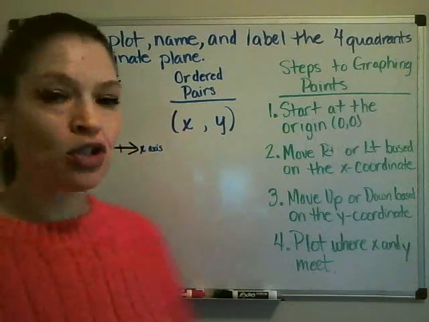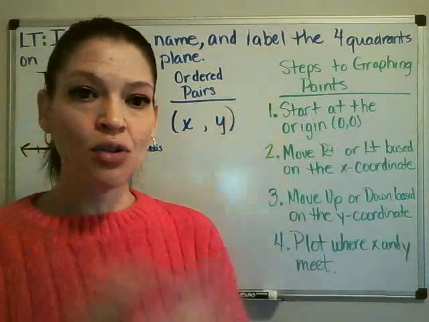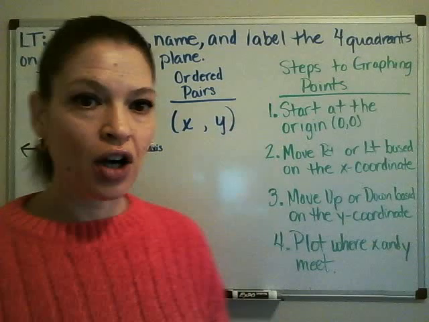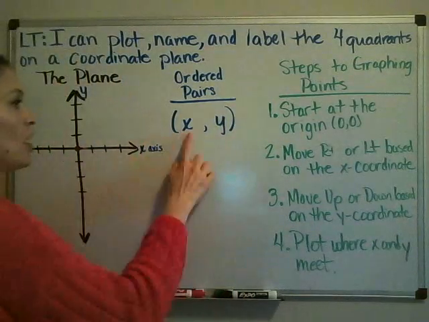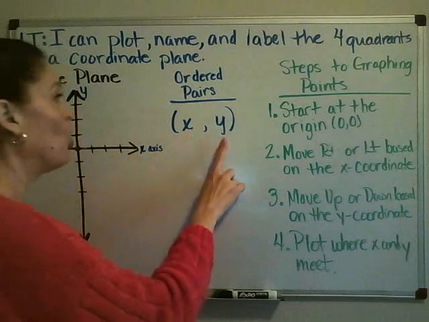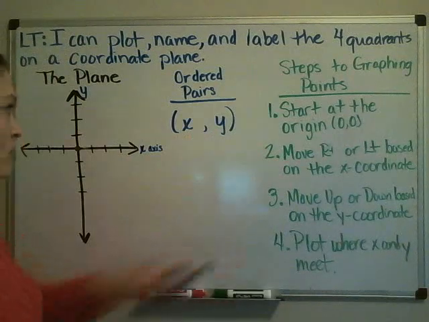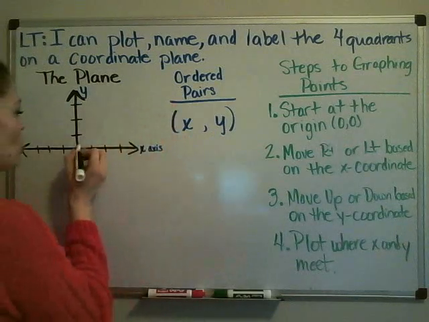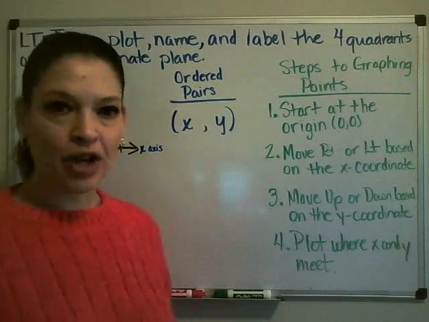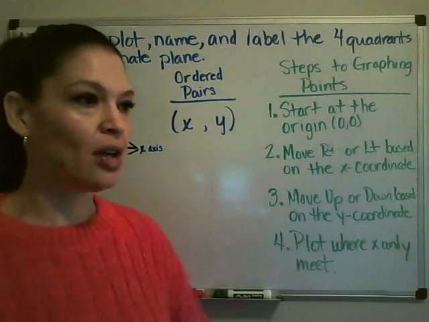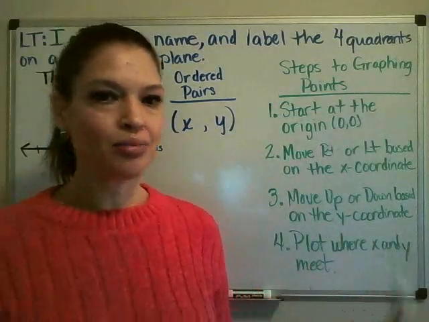And an ordered pair is just a set of numbers that are going to tell you the location based on how far you have to travel on the x-axis and how far you have to travel on the y-axis to get to that particular spot. So essentially the ordered pairs are like a set of directions. It's like turn left here, go north here. It's kind of like that.